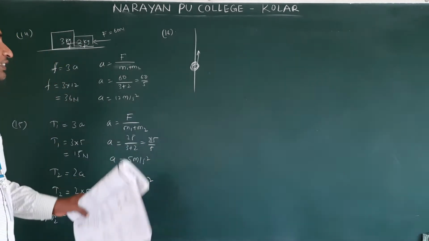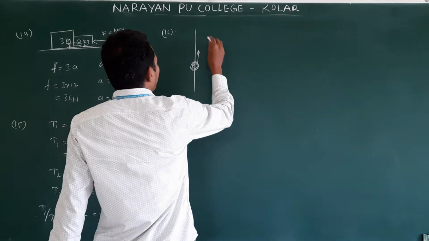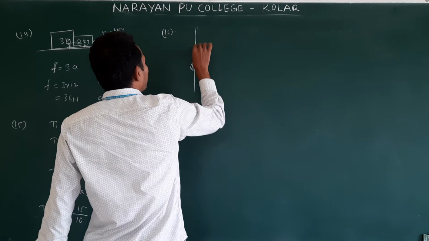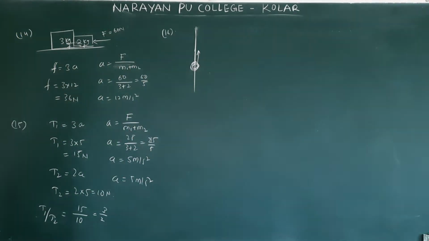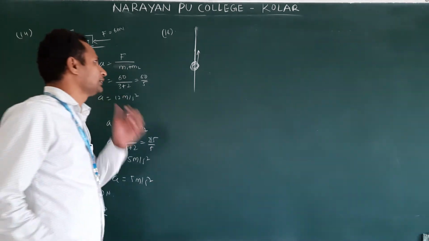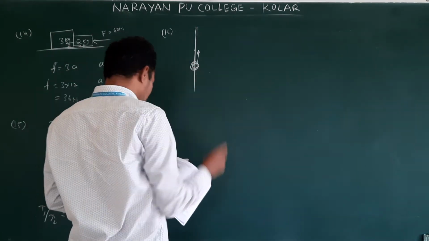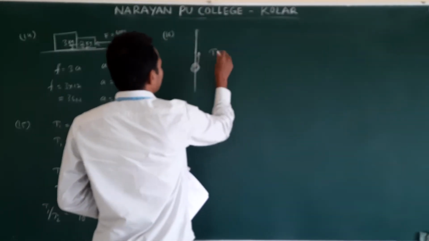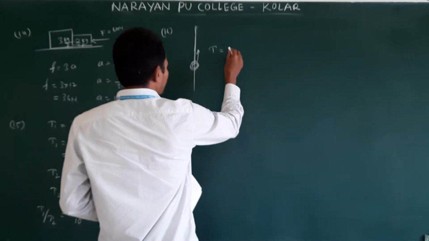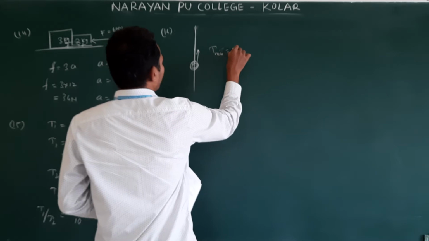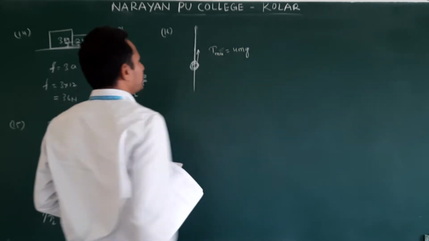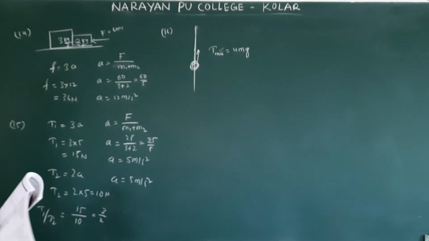The breaking strength means the maximum tension that can be held. That is 4 times the weight of the ball. So I can write T max is equal to 4 into mg, where m is the mass of the ball.